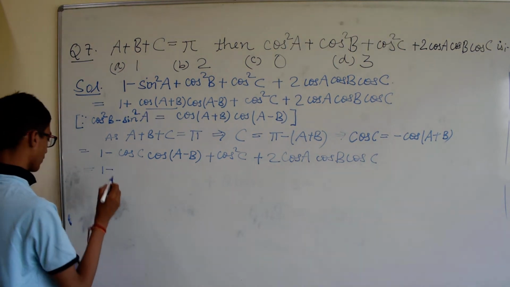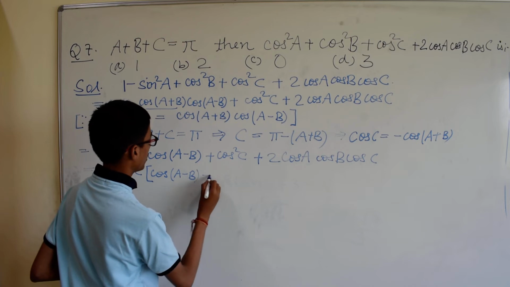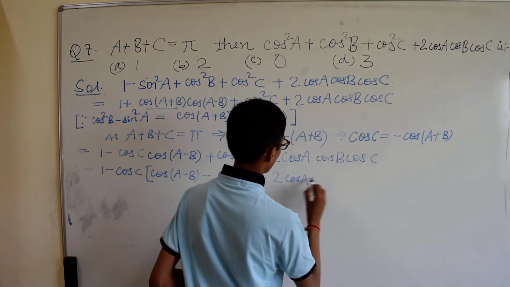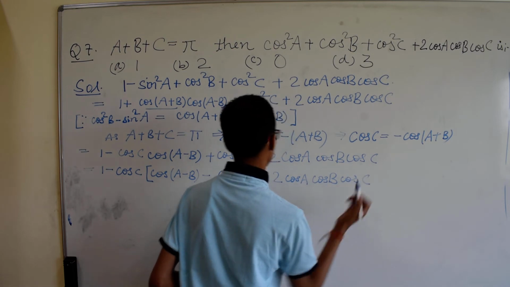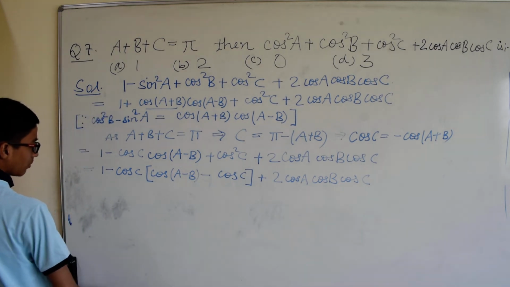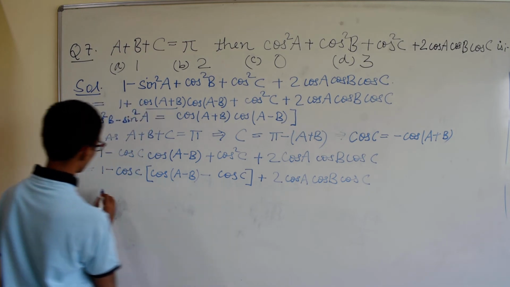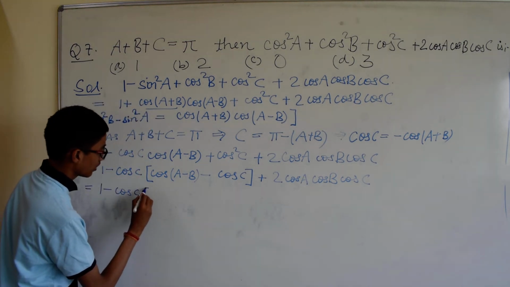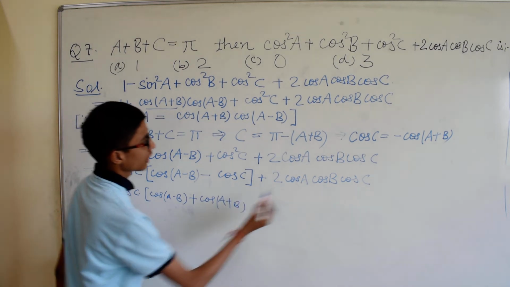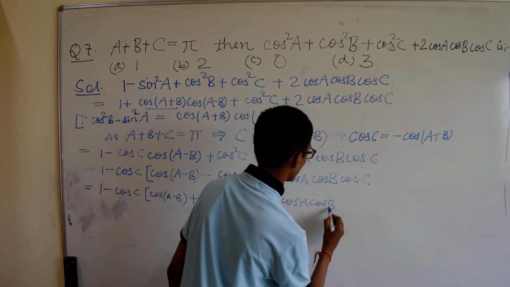So 1 minus cos C times cos A minus B minus cos C, plus 2 cos A cos B cos C. Again, this cos C should be written as minus of cos A plus B. So the term inside the bracket becomes cos A minus B plus cos A plus B. This we have derived, that cos C is equal to minus of cos A plus B, plus 2 cos A cos B cos C.